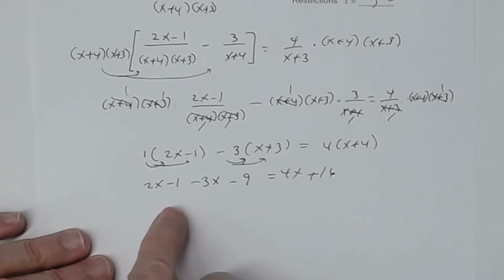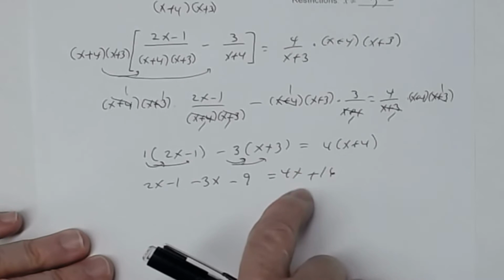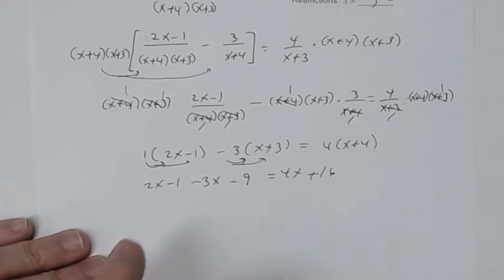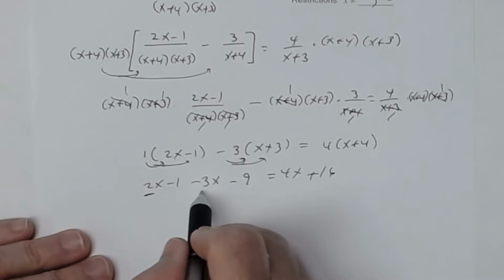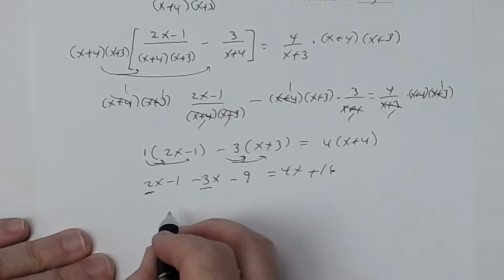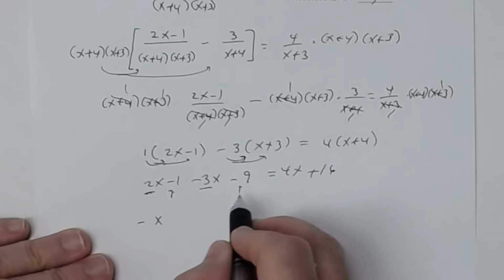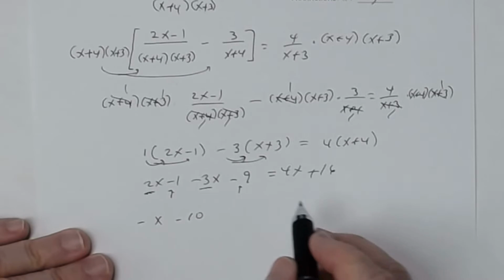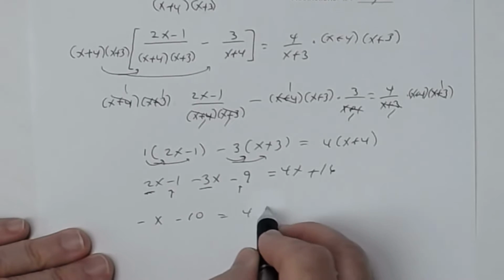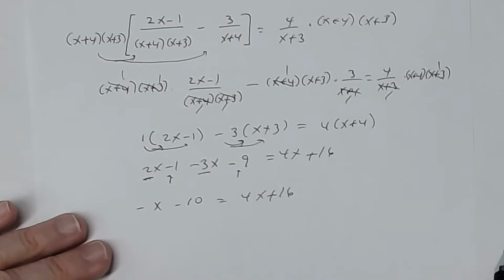Combining like terms on the left. Now notice there are no like terms on the right, but we do have them on the left. 2x minus 3x is a negative x. A negative 1 and a negative 9 is a negative 10, equals, and then 4x plus 16.